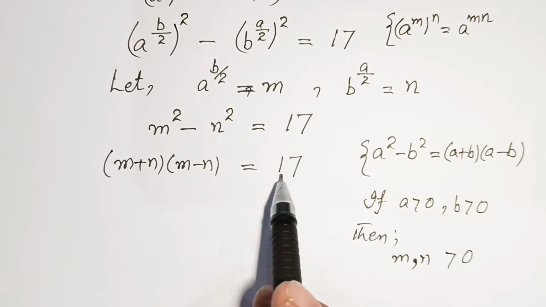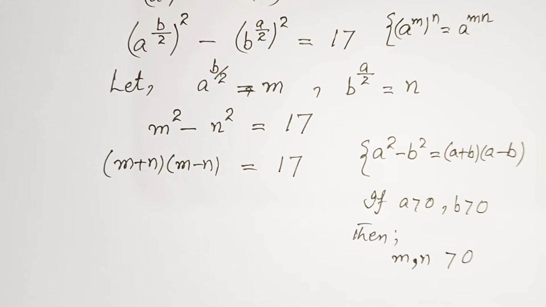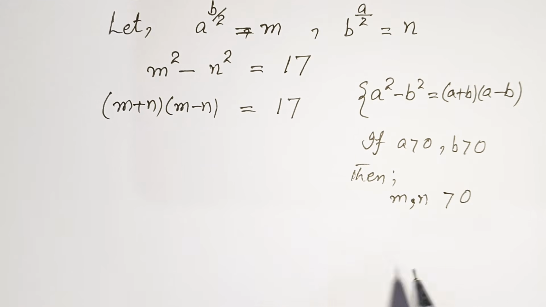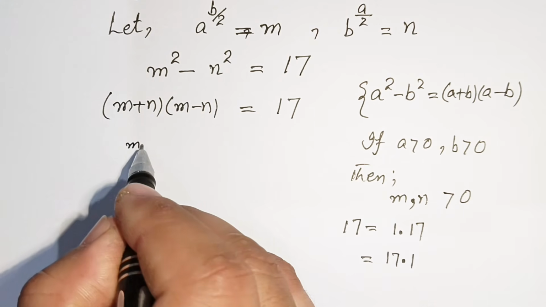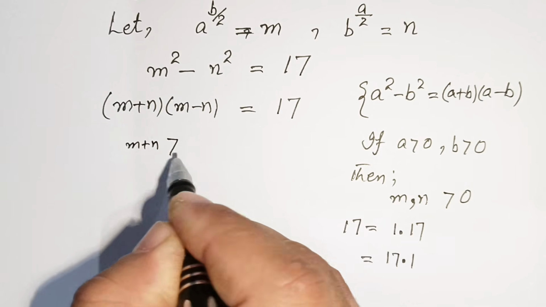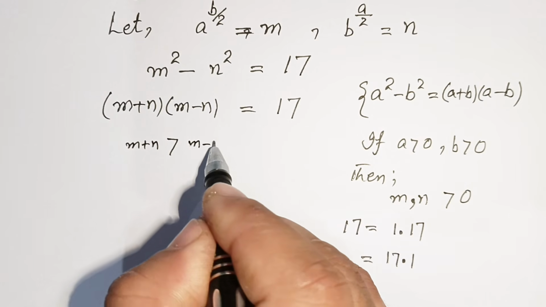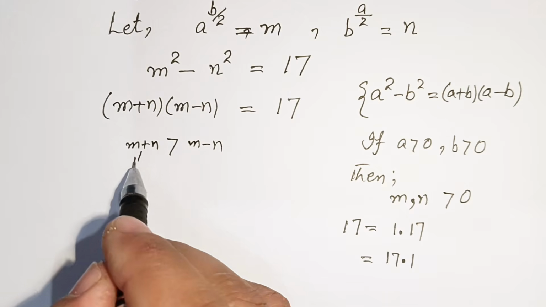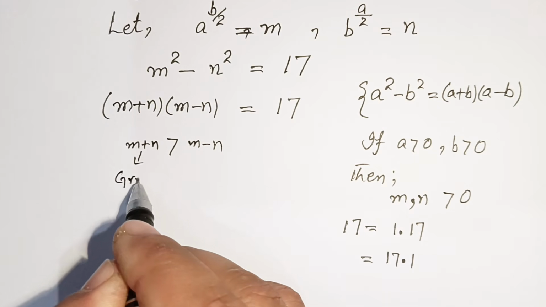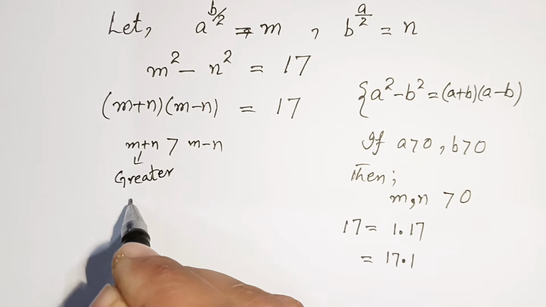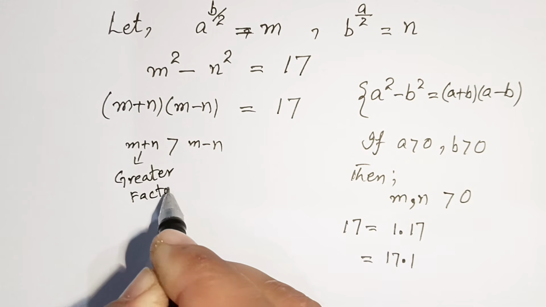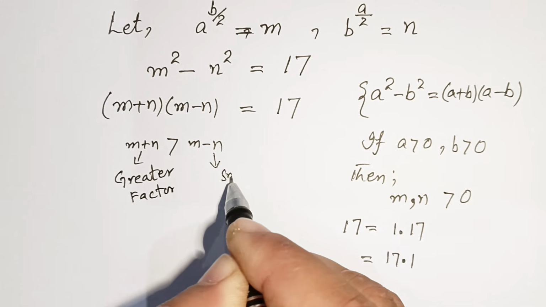Now let us write all possible factors of 17. So 17 will be 1 times 17, and 17 times 1. But here we see that m plus n is greater than m minus n, so it is our greater factor, and m minus n is our smaller factor.